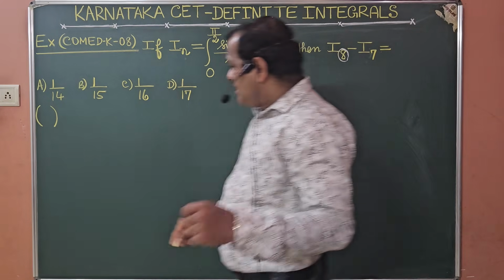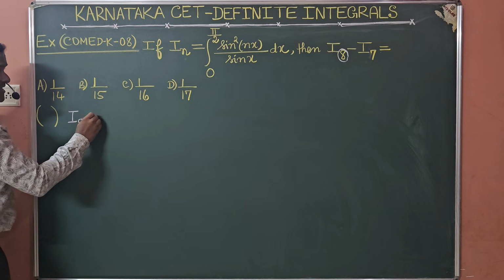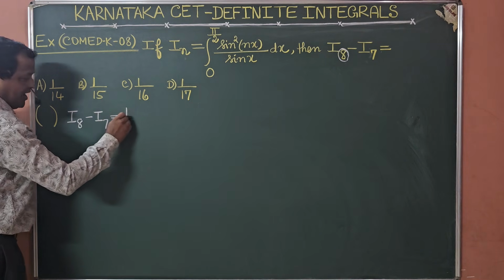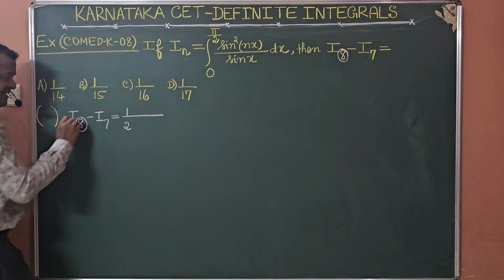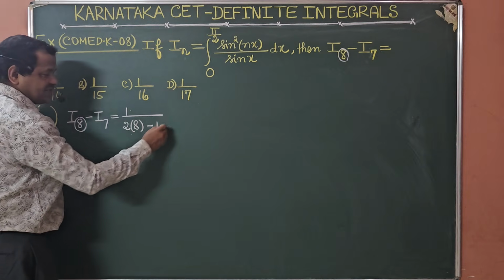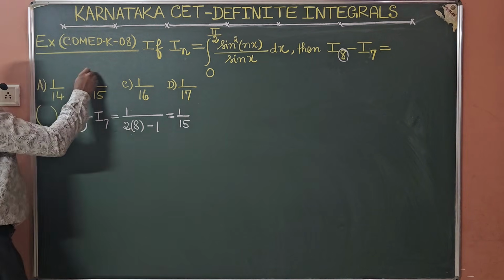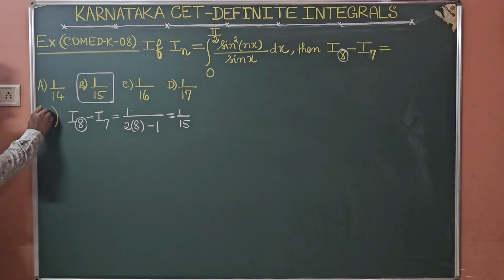Therefore, I suffix 8 minus I suffix 7 is 1 over 2 times n, which is 8, minus 1. Therefore, 1 by 16 minus 1, 1 by 15. Therefore, option B is correct.